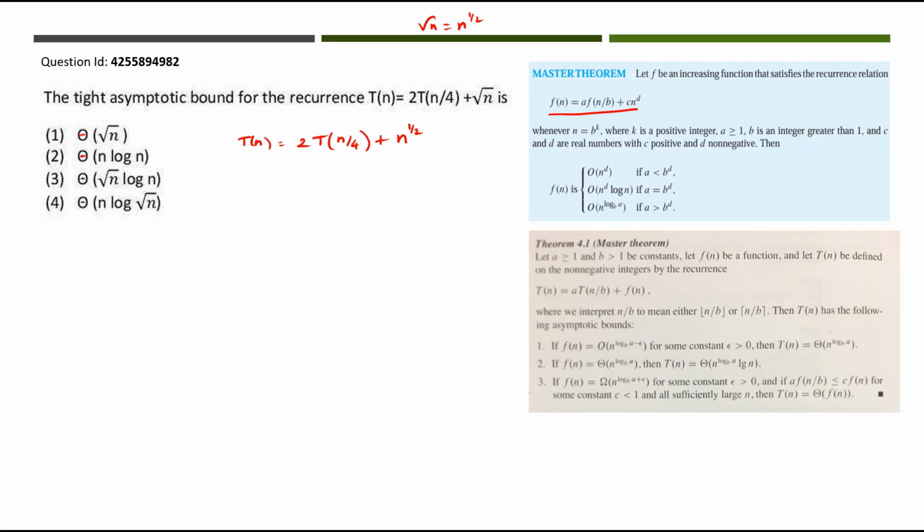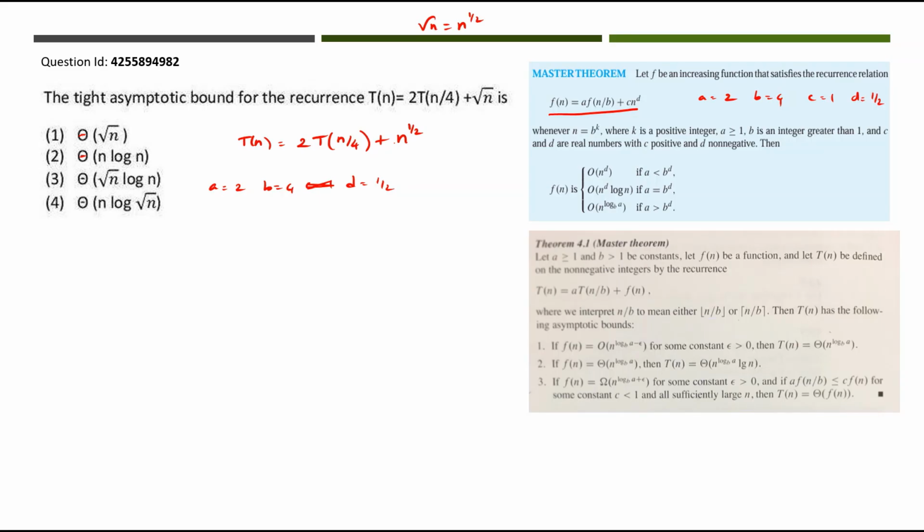From this we can take a is equal to 2 and b is equal to 4. We have c into n power d, so c can be taken as 1 and d will be taken as 1 by 2. So from this we can take the values a = 2, b = 4 and d = 1/2.